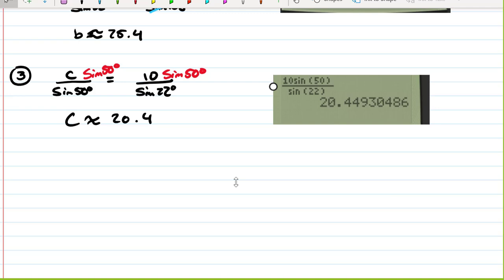And that would be the solution for solving our triangle.